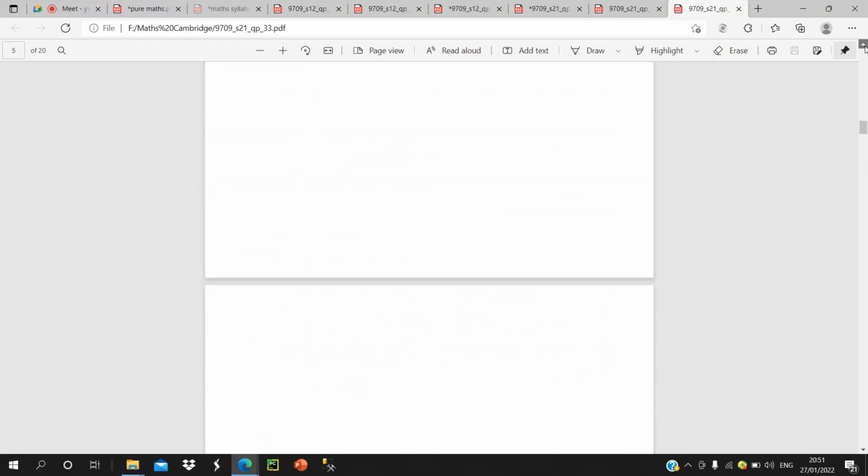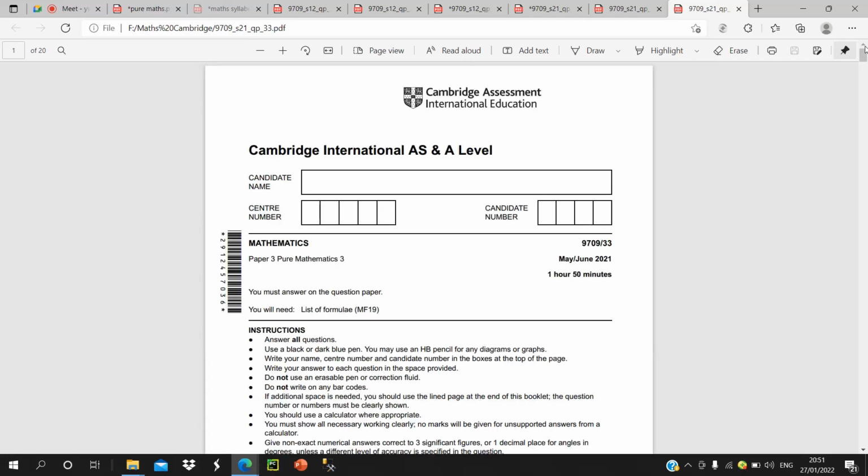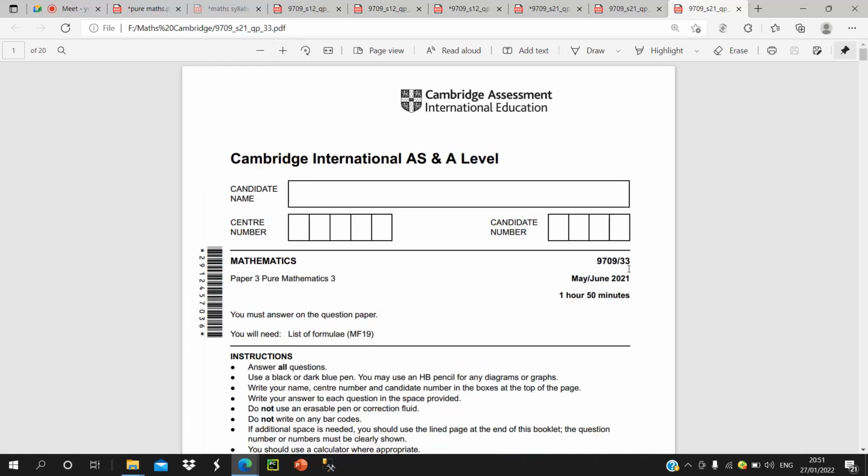So this paper has a component, but they want you to formulate it first. When you register, they will give you a slip, or they indicate the components that you are going to write. So let's say you are doing P1, right? Yes. And P3. Which other components are you supposed to do? Stats and mechanics.